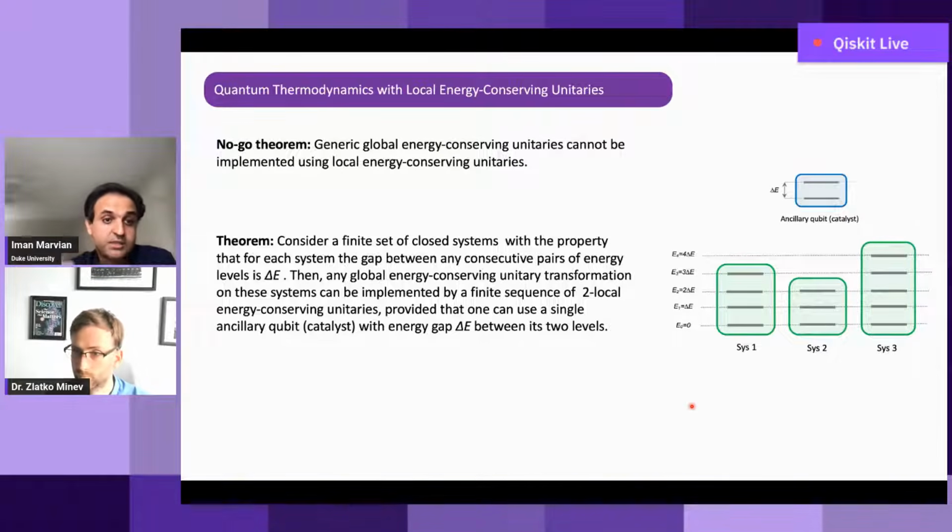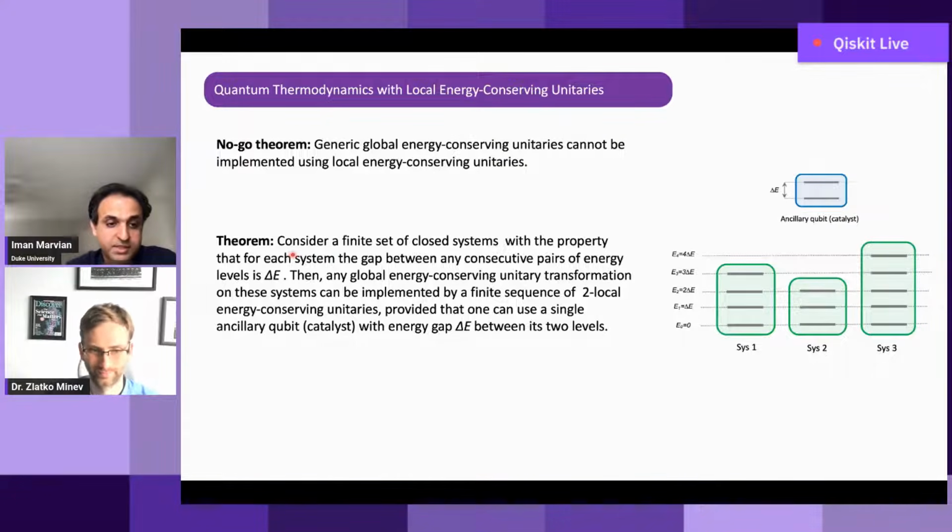Okay. So in the context of quantum thermodynamics, I showed this more general result that, first of all, the no-go theorem implies that generic global energy conserving unitaries cannot be implemented using local energy conserving unitaries. But then I showed that, again, you can circumvent this no-go theorem by using an ancillary qubit, or to be more precise, an ancillary two-level system.